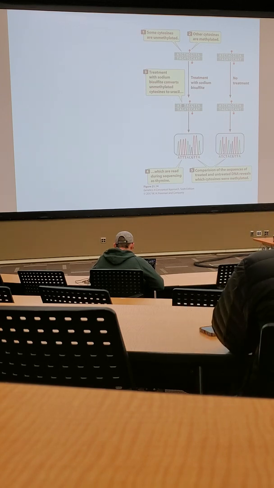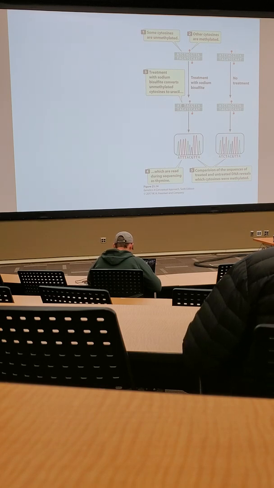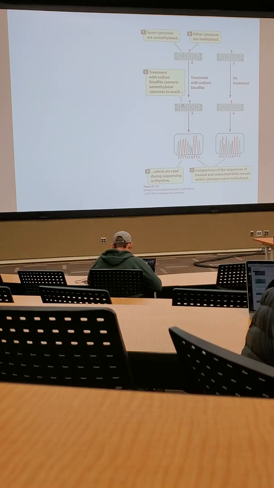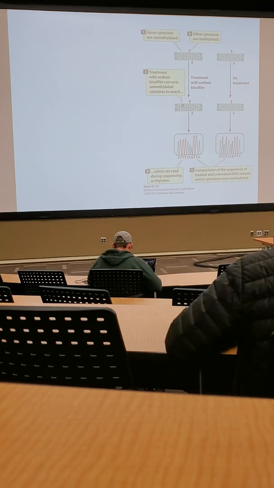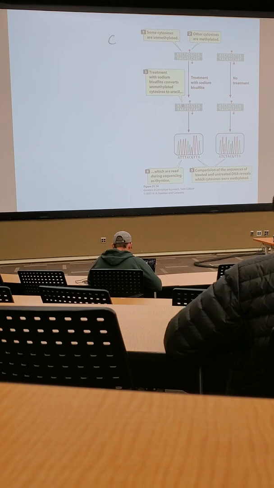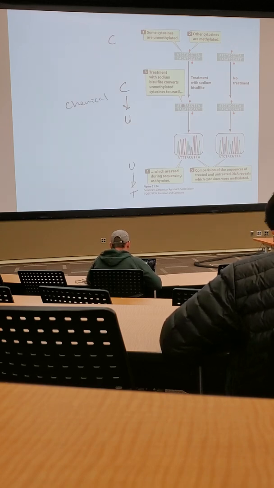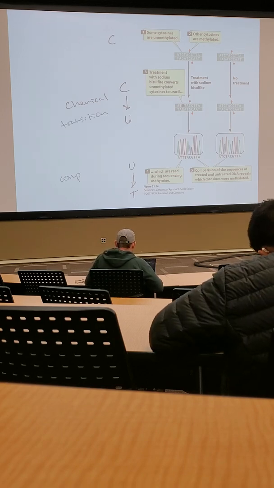And then in sequencing, we're sequencing the complementary strands. We still have to do a reaction where we have primers, and we sequence across. So we have a C to U transition here, and then we have U to T. This is a chemical transition, and the U to T is due to complementary DNA synthesis.